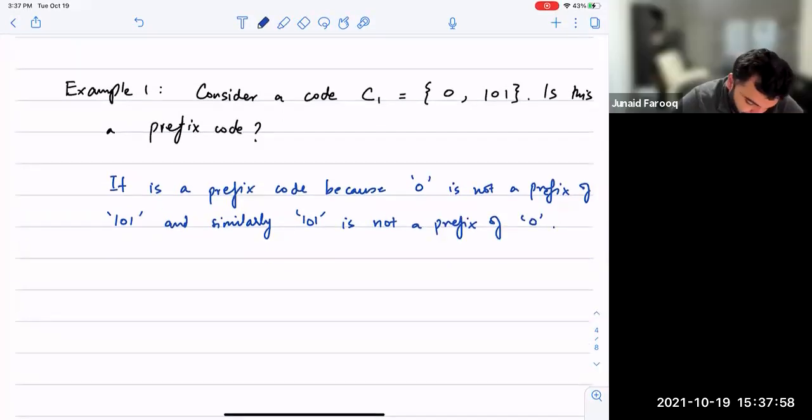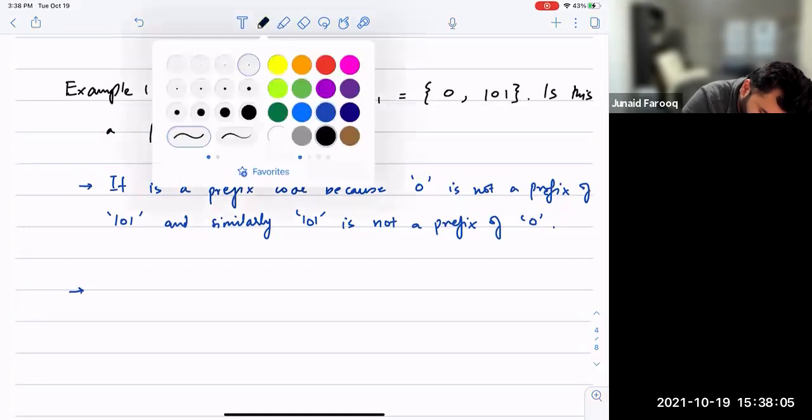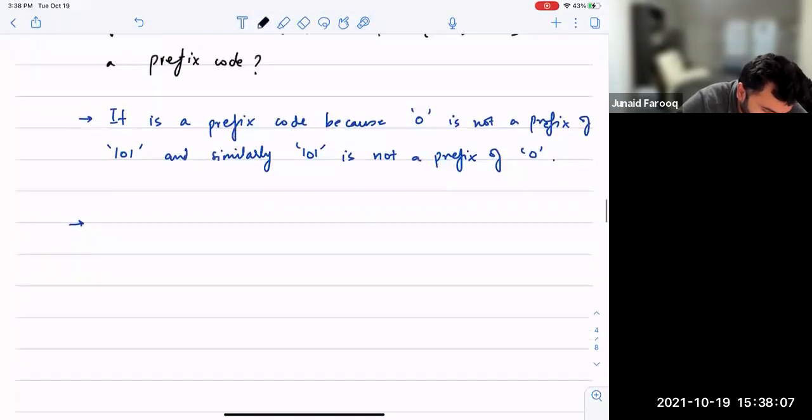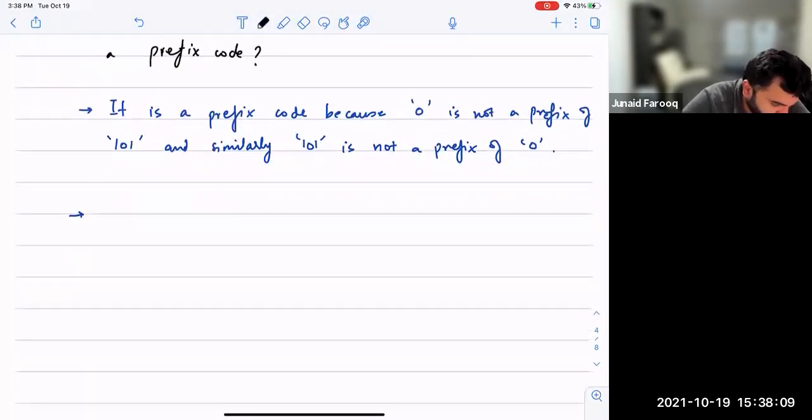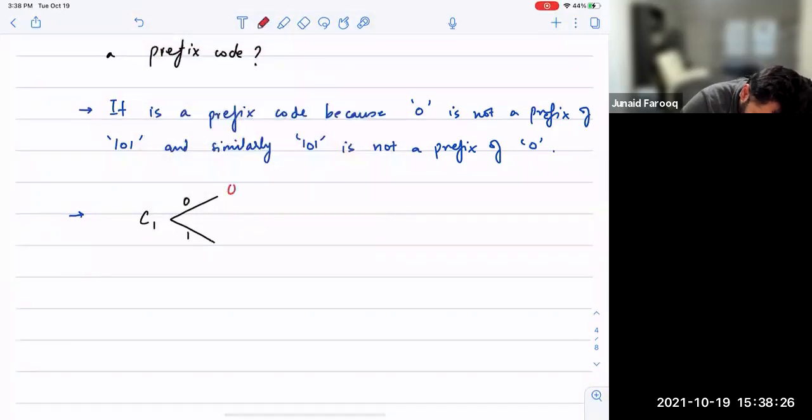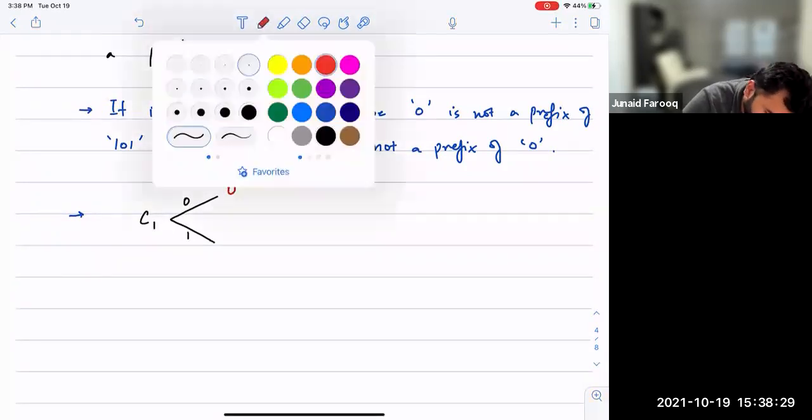The second way to look at it is the following: you construct a binary tree and see whether the code words are on distinct leaves or not. So let's say this is a code C1 and it's binary. Let's try to make a binary tree. The first one is 0, and then this is 1. So our first code word is 0, second is 101.